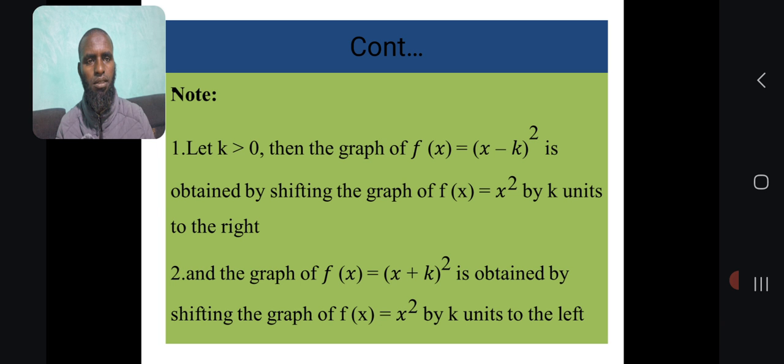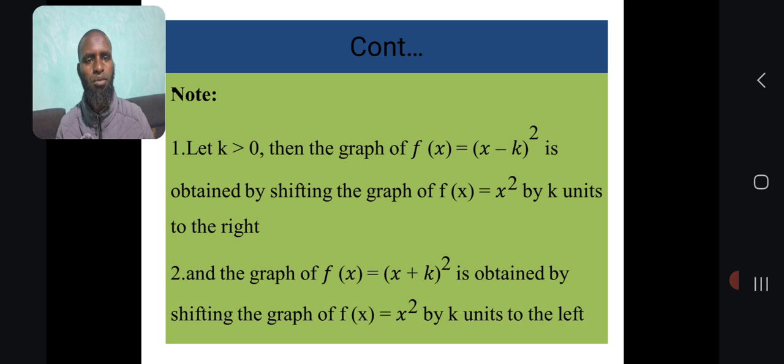What is the reason behind this? At x minus k, the whole squared, the value that makes x minus k equal to 0 will be positive. That is why it shifts to the right.